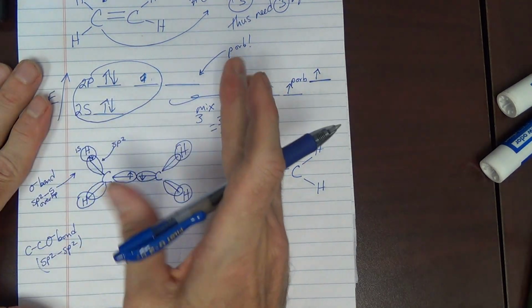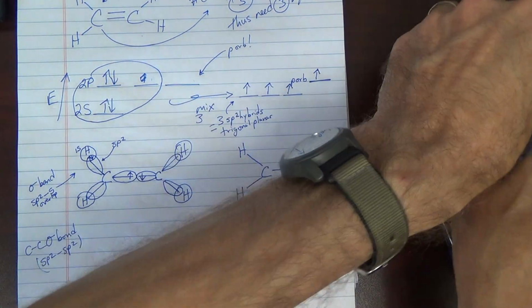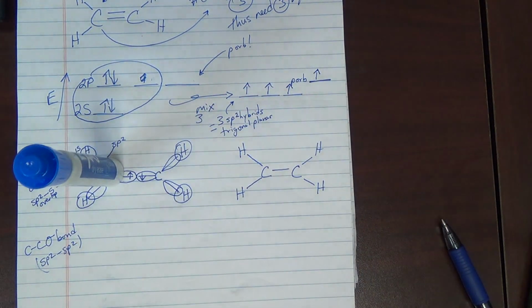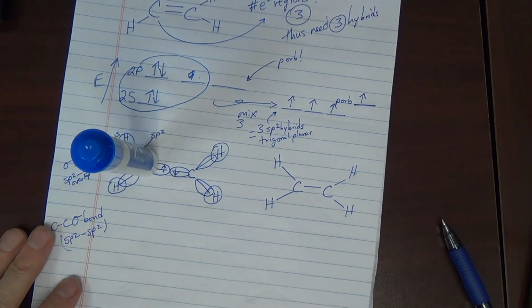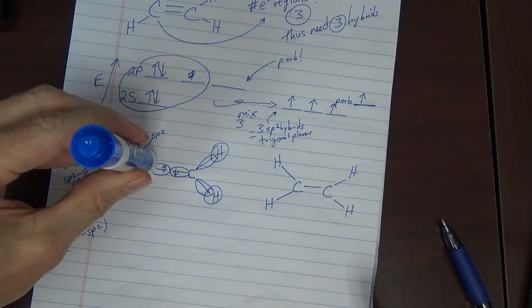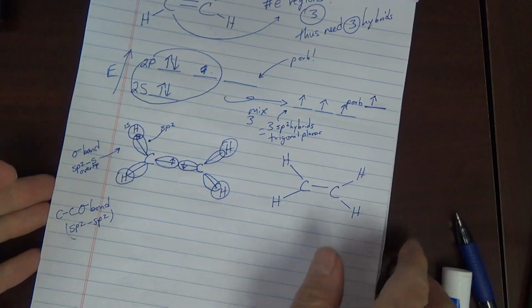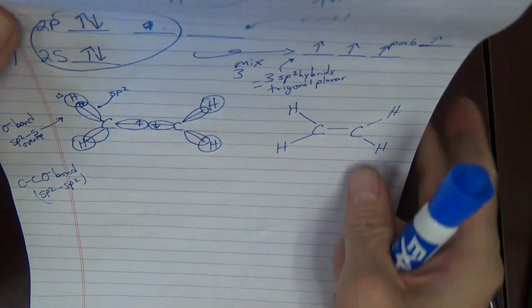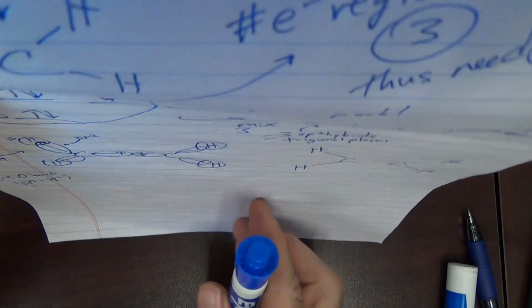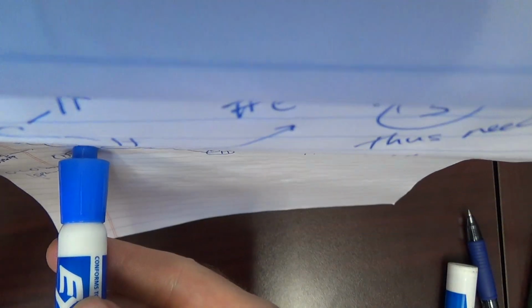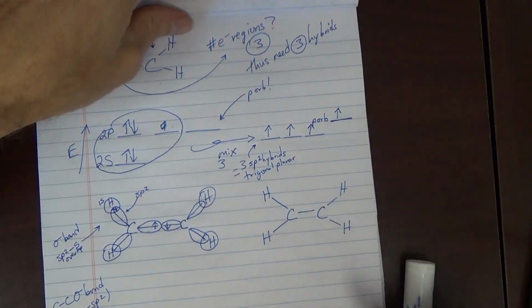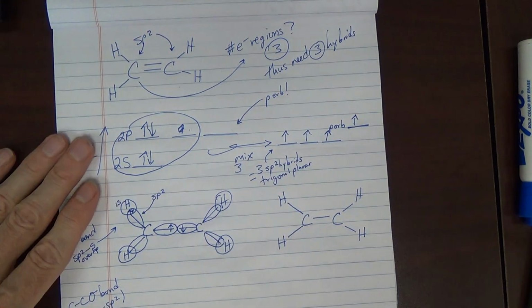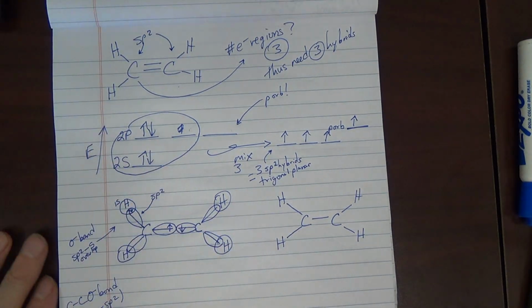If those are all flat, the p orbital on that carbon is half above the page and half below the page. If this was flat on the board, half of the p orbital would be coming out and half would be going back behind the board. It's perpendicular, or orthogonal, to the sigma plane.